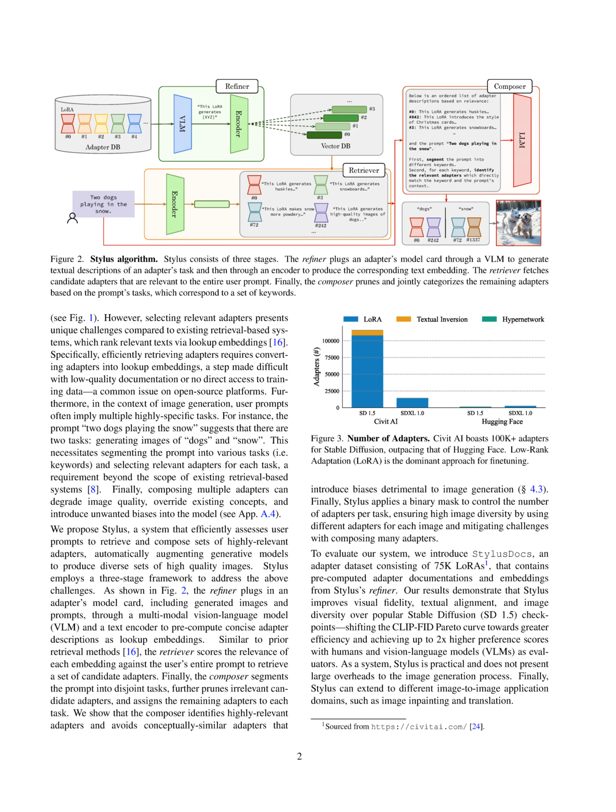Overall, while Stylus offers significant advancements in automating adapter selection and composition for image generation, these limitations highlight the need for further refinement and optimization to ensure consistent high-quality results across a wide range of prompts and tasks.